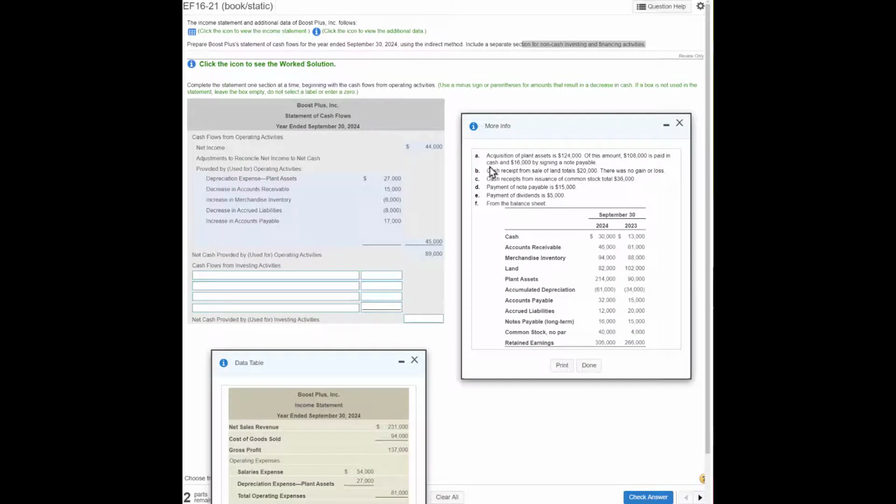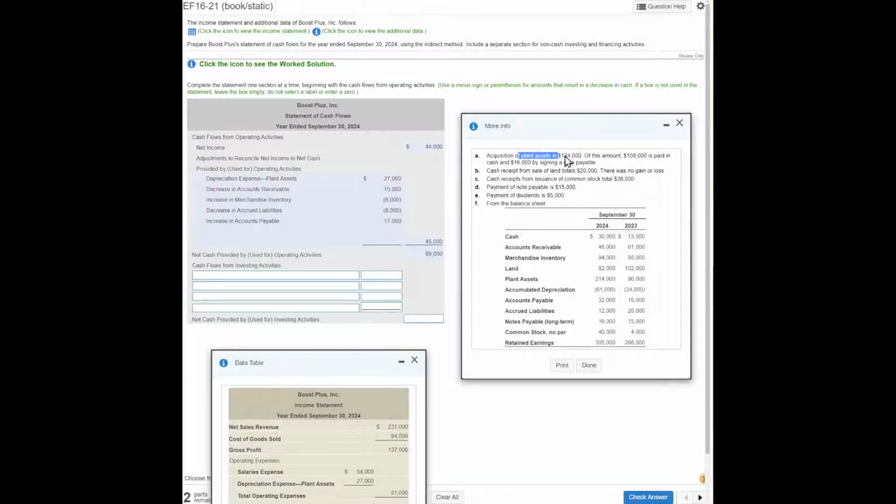So what we're going to do is go through here one by one and figure out if they affected the cash for the investing activities section, and then after that, the financing section. So let's look at the first one. Acquisition of plant assets. Plant assets are long-term assets, so they're going to go in the investing activity section if they involve cash.